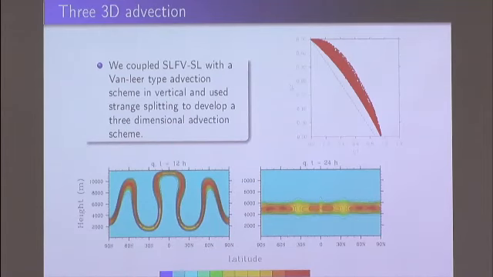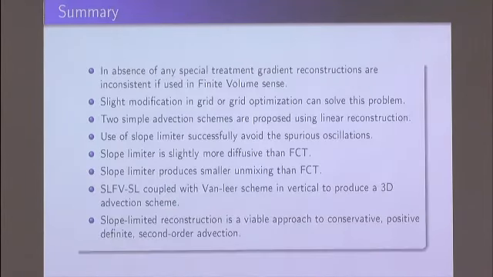We have real mixing and shape preserving unmixing, but we don't have any overshoots. And this is the Hadley type of circulation, in which at half the total time we have stretching in the field, but after 24 hours it comes back to its original state, although it's not very nice looking.